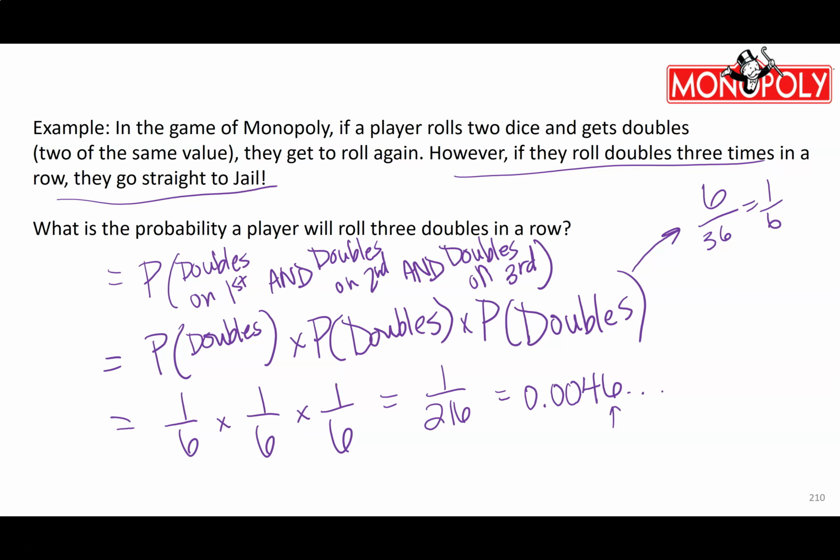The next number is a 2, so it doesn't round up. So it looks like there's less than 1% probability, if you're truly just rolling random rolls, that you'd get doubles 3 times in a row. So 0.46%. It's pretty small, a little less than 0.5%, half of 1%.